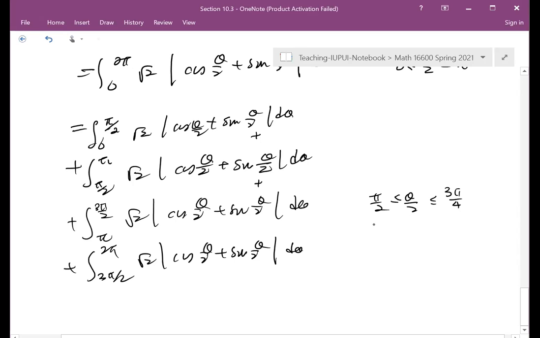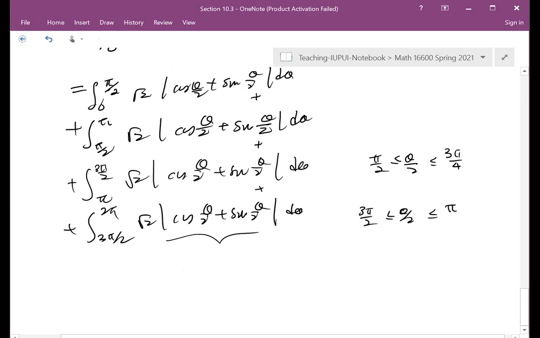Over that interval, sine is positive. How about the cosine? Cosine is still negative, but it's not too negative. So this is still going to be positive. But only when theta is between 3 pi over 2 and 2 pi, which means half of theta is between 3 pi over 4 and pi, then cosine half of theta is greater in magnitude than sine half of theta. So this is the only problem here.